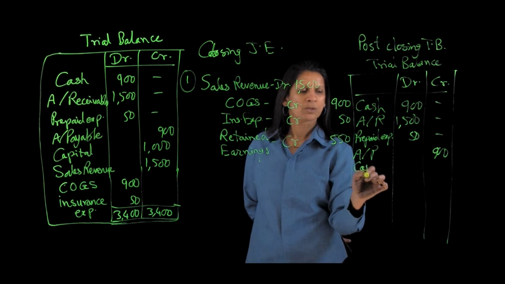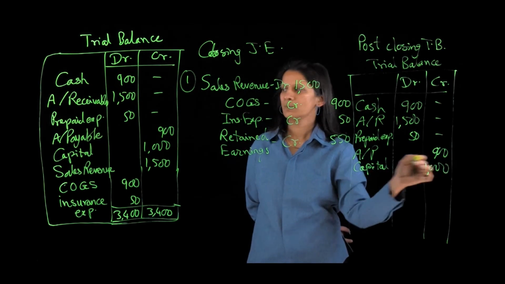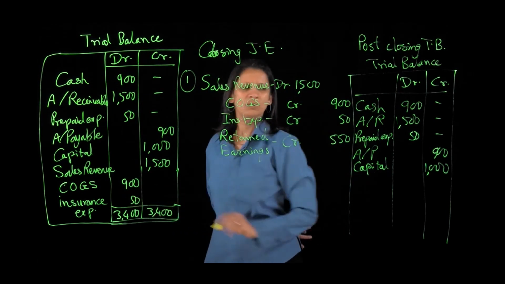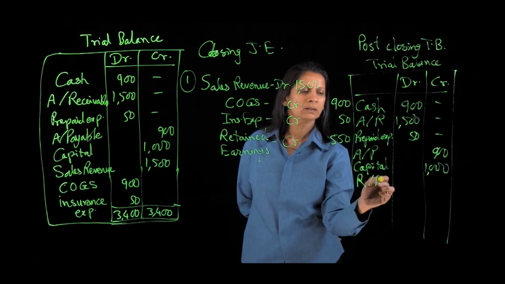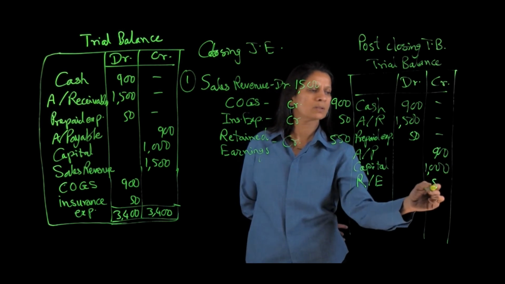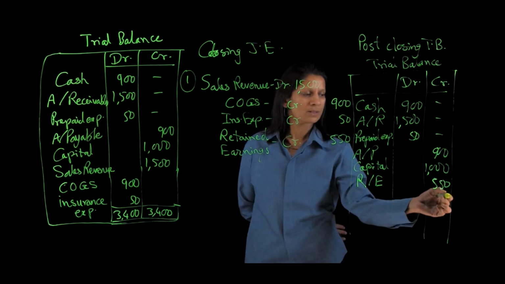And I had brought in capital in the business, which is still there, being a permanent account. And now apart from that, instead of these revenue and expenses, what I have is retained earnings, the earnings that I retained or I kept in the business instead of spending that money for my personal reasons.